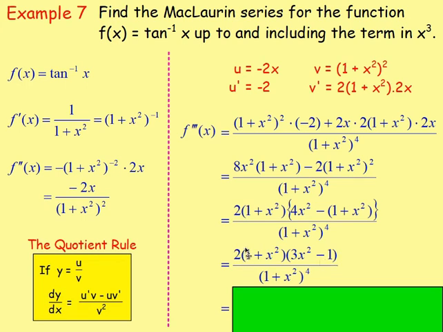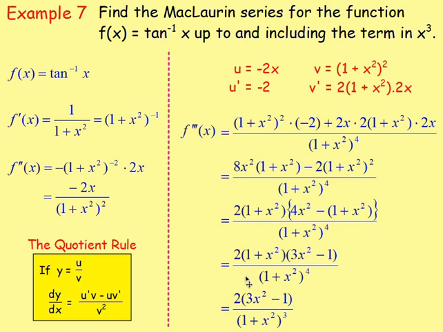After that, well, because you've got a (1 plus x squared) in the top, and you've got 4 (1 plus x squared)s in the bottom, cancel 1 from the top, 1 from the bottom, so you will end up with 2 times the (3x squared take away 1) over the (1 plus x squared) to the power of, well, if you take one of them away, it'll go to the power of 3. And that there will be your third derivative.